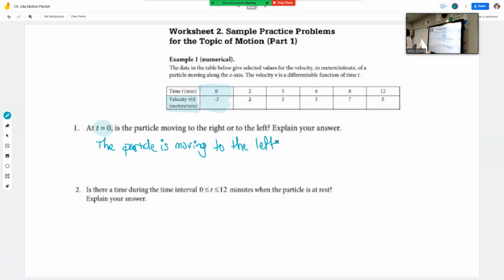You can write because, or you can write the word since. It's shorter. Since what? V of 0 is equal to what? Which is less than 0. Done. That's enough. Because you're saying, I've seen the sign of the velocity. I know that it's negative, and I know what it means. It means I'm moving to the left.